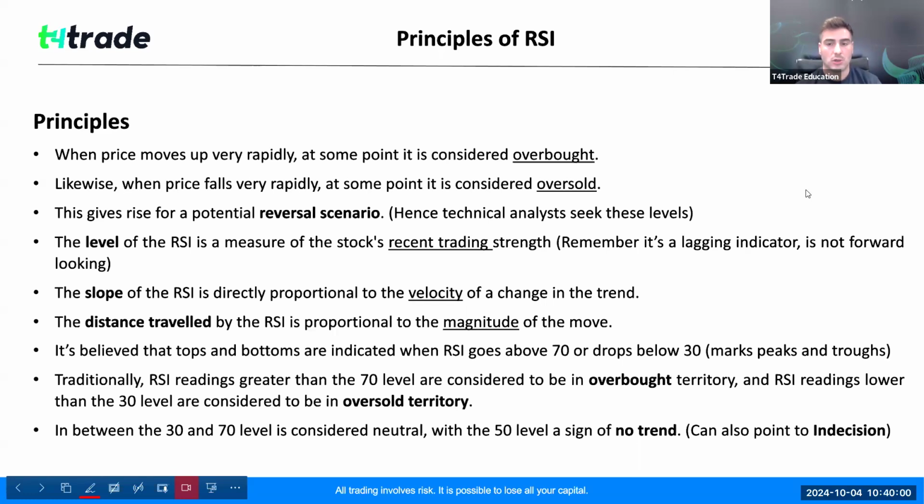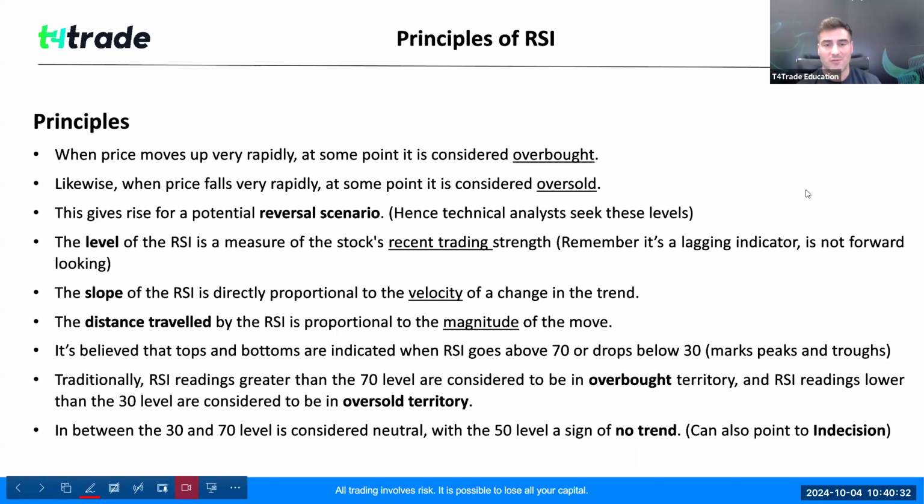So more consecutive trading days in the green has the RSI value increasing at the end of the day in your lower panel. Something super important is the slope of the RSI, which is directly proportional to the velocity of a change in the trend. The distance traveled by the RSI is proportional to the magnitude of the move. So the steeper the slope, the stronger the move.